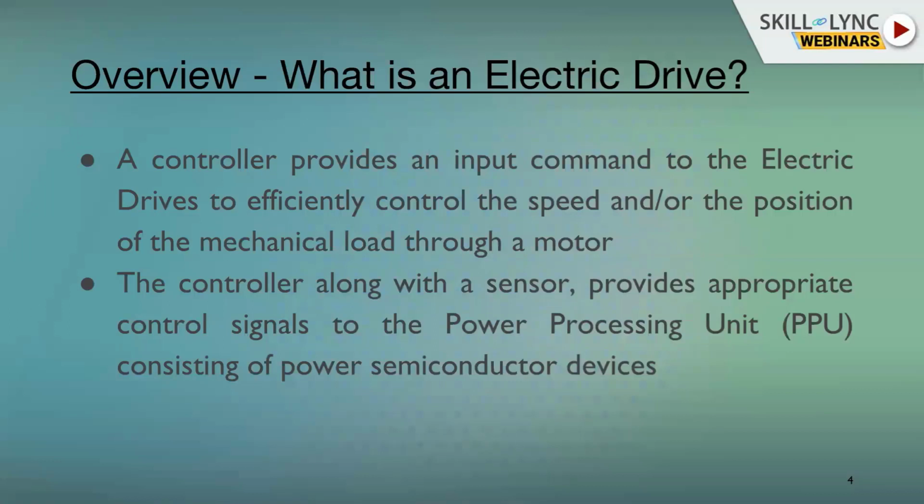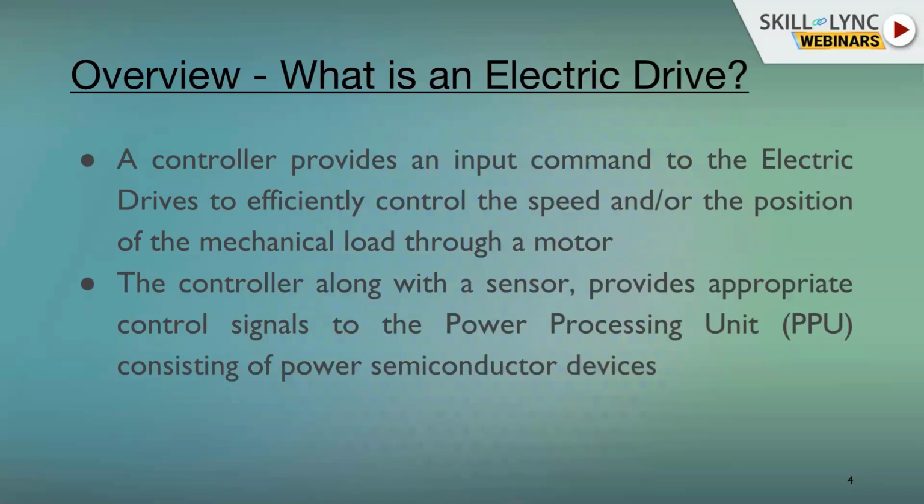And that is basically the brains of the electric drive. In addition, we have the heart of the electric drive, which is typically called the power processing unit or power electronics. So the controller is basically coupled or tied with the power electronics. And in addition, we also have a lot of sensors which enable the functioning of the drive.